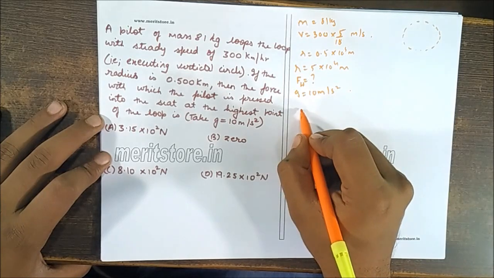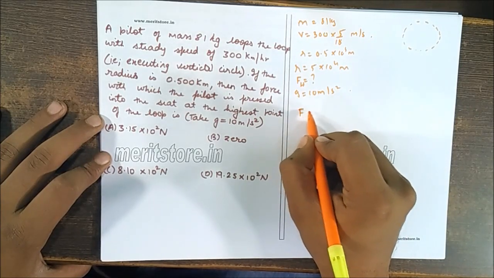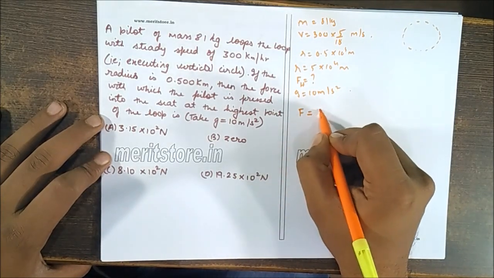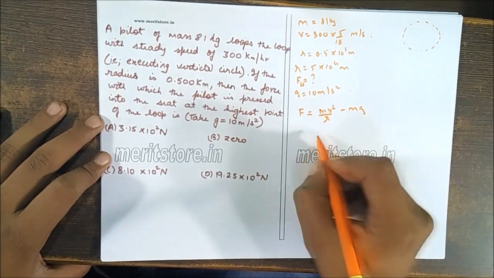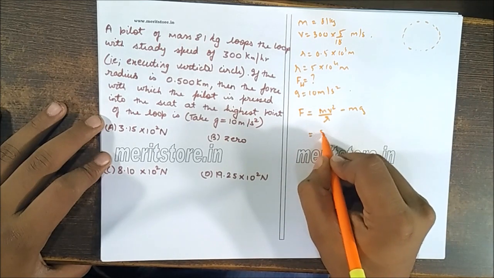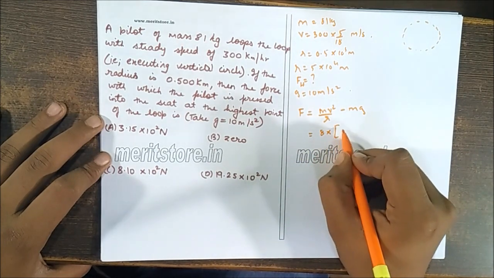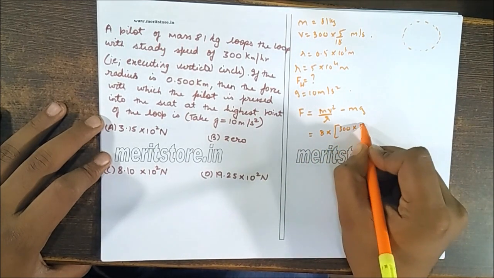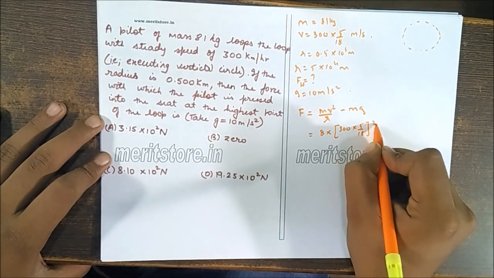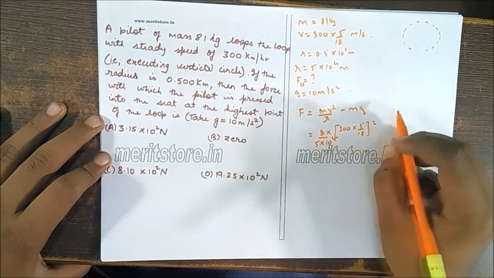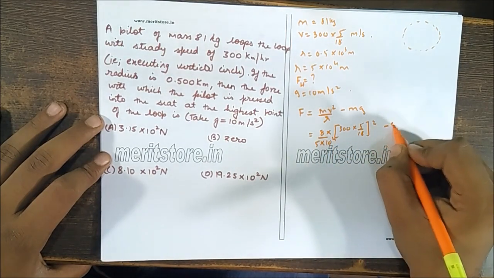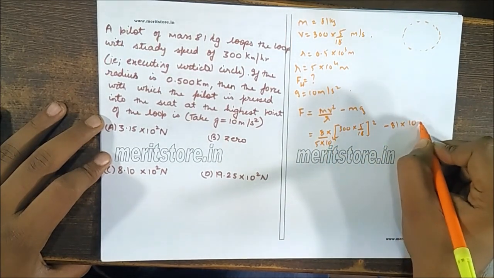We can use the condition for tension at the highest point, which is mv square upon r minus mg. So this becomes 81 into 300 into 5 by 18 the whole square upon r, that is 5 into 10 raised to 4, minus mg, that is 81 into 10.